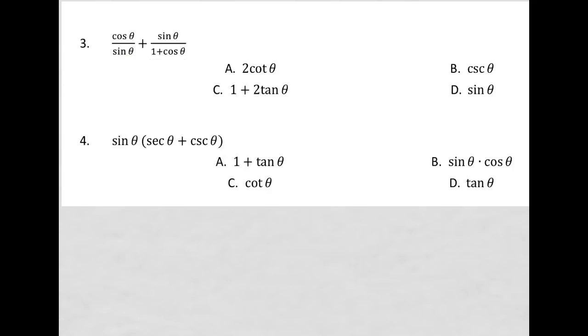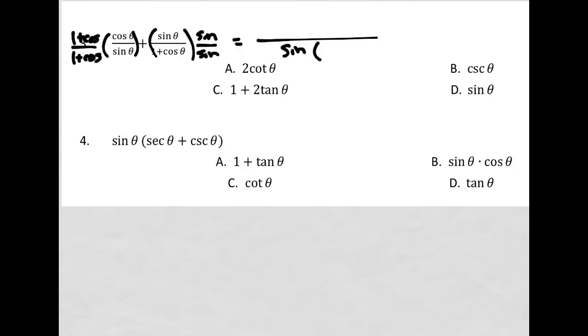So we will multiply this one by 1 plus cosine theta over 1 plus cosine theta, and we'll multiply this one by sine theta over sine theta. That's going to give us a common denominator of sine theta times 1 plus cosine theta.